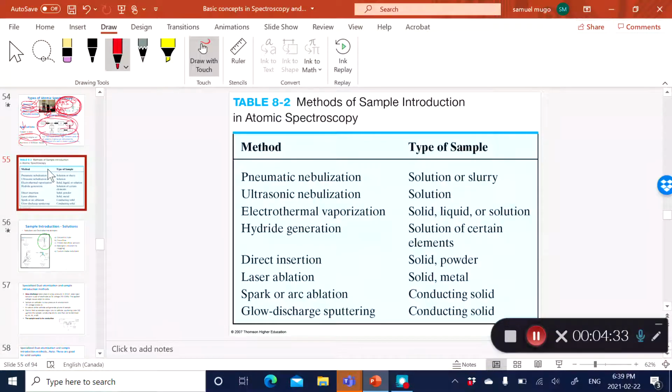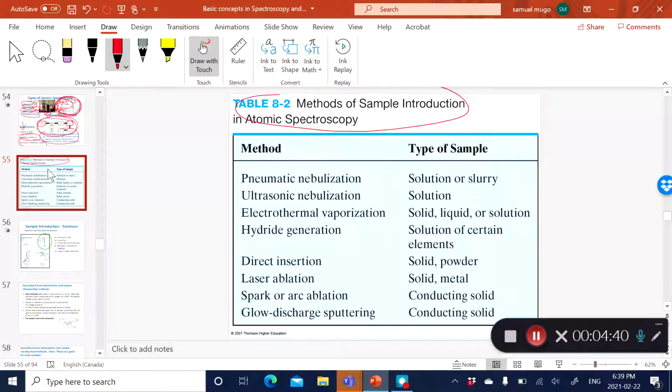So with atomic spectroscopies, of course, you need a component or a way to introduce your sample into the system. As simple as it sounds, it very highly impacts your sensitivity.